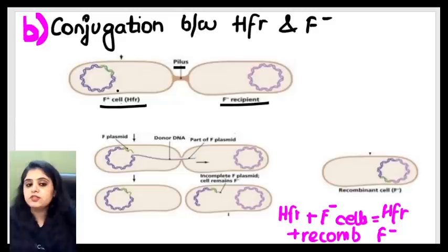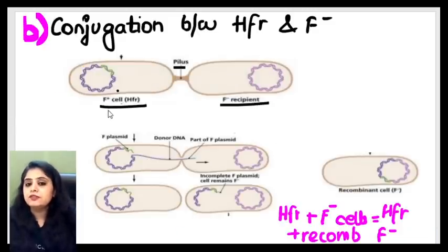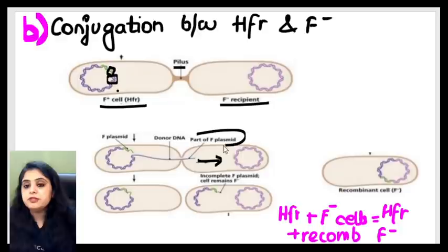Do you remember what HFR was? HFR was the fusion of the plasmid and the DNA. So what happens from this HFR? A little bit of both, meaning a little bit of the plasmid and a little bit of the donor DNA, is going to replicate and go into the recipient. A little bit of the fertility factor is going, a little bit of donor DNA goes.